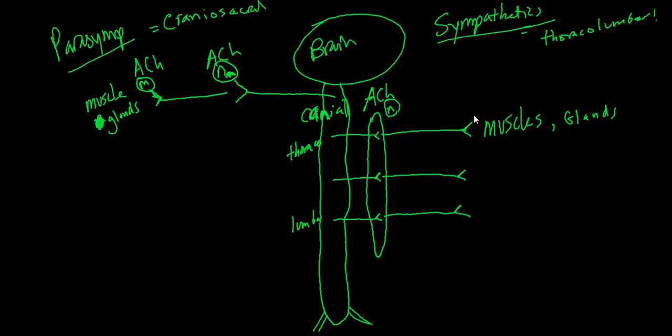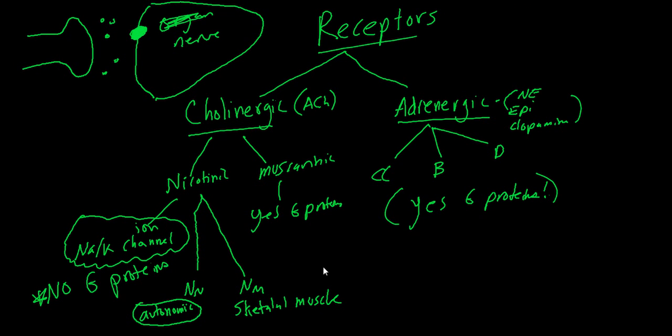We're going to have norepinephrine as our main neurotransmitter. And you can have alpha, you can have beta, you can have alpha 1s, you can have beta 1s, you can have beta 2s, you can have a whole assortment. So I'm going to leave all that out. But for receptors, I'm just going to say you can have adrenergic receptors.